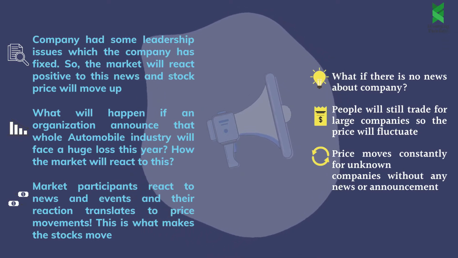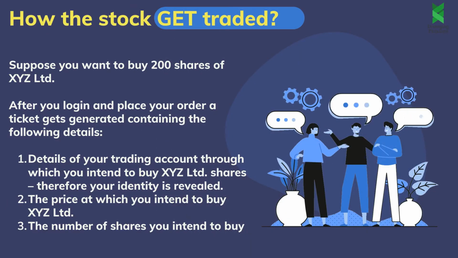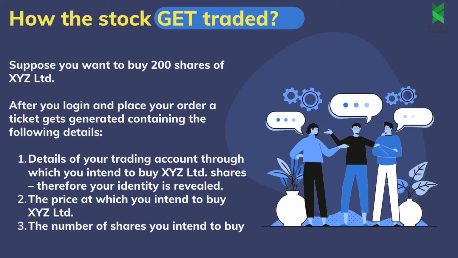Moving ahead, let's learn how the stock gets traded. So as we have taken the example of XYZ Limited, and we want to buy 200 shares of XYZ Limited. Let's see what are the steps. First, we'll log in from our account. So as soon as we log in and place our order, three types of details will be registered.